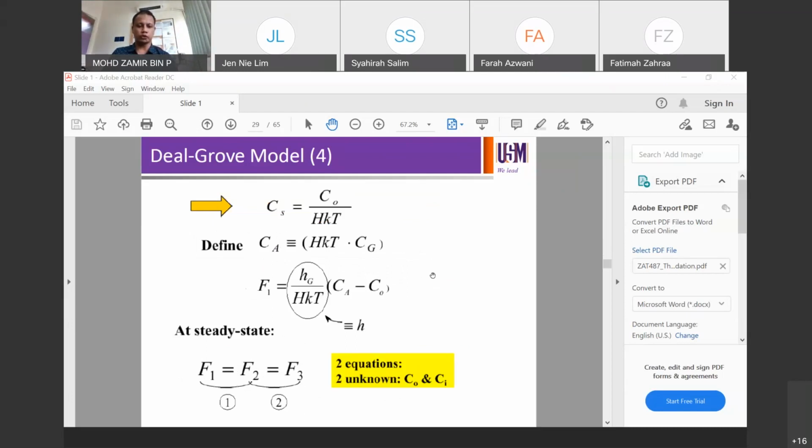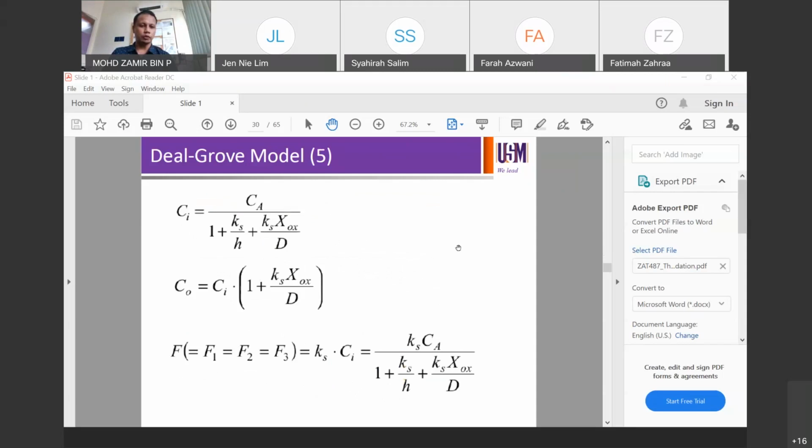Ini dia punya detail of this, you can see later on. This will be helpful if you need to do calculation related to the Deal-Grove model when you are given certain constant and thickness and diffusivity of the material at particular time during the process. So you might be required to calculate the flux, the thickness, and so on and so forth.